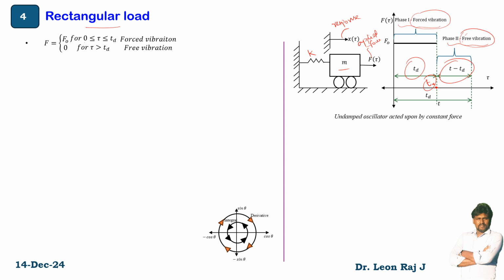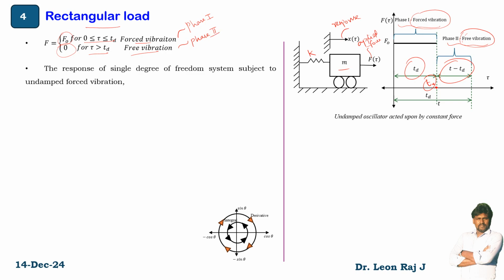When the time period is 0 to Td, your force is F0. When the time period is greater than Td, your force is 0. That means free vibration. This is phase 1 and this is phase 2.